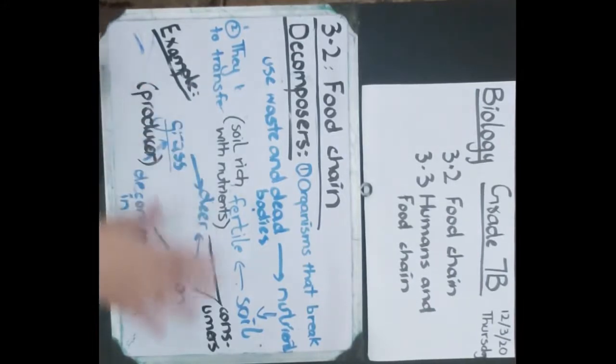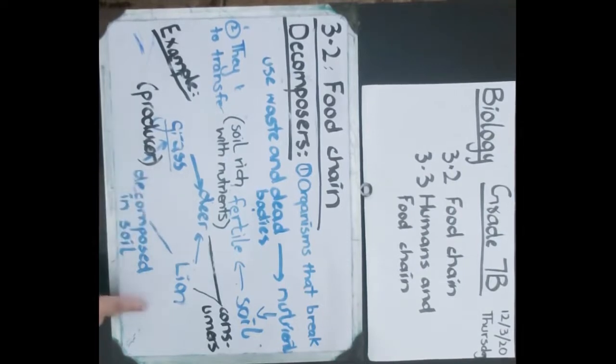Okay, now see the example. Grass, deer, lion here. Now, what will happen to the lion? The lion will ultimately die. When it dies, its dead body will remain in the soil. But after some time, its dead body will only be bones.